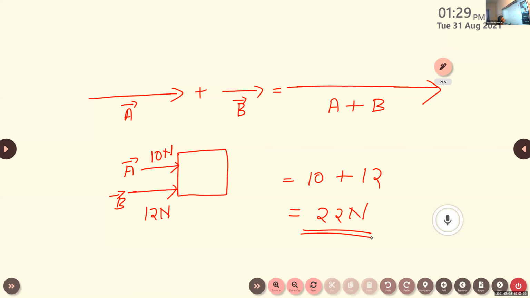Now we can discuss the second case that comes under the graphical method.